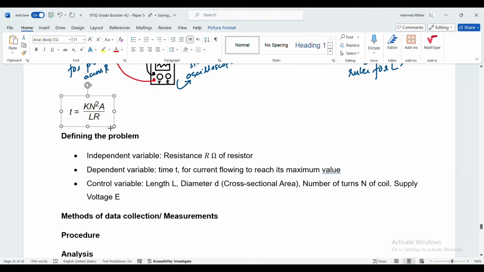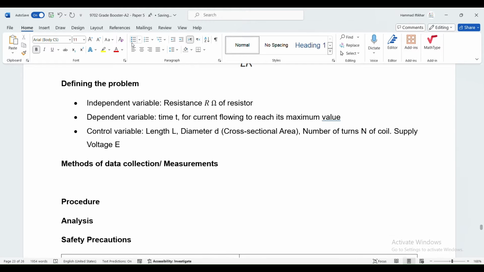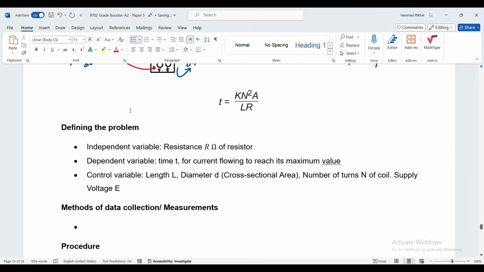Okay, now we will take into account all the measurements that we need to take. For the time, we'll come back to the time. Actually, yes, all right. Number N, number of turns counted using observation, plain observation.